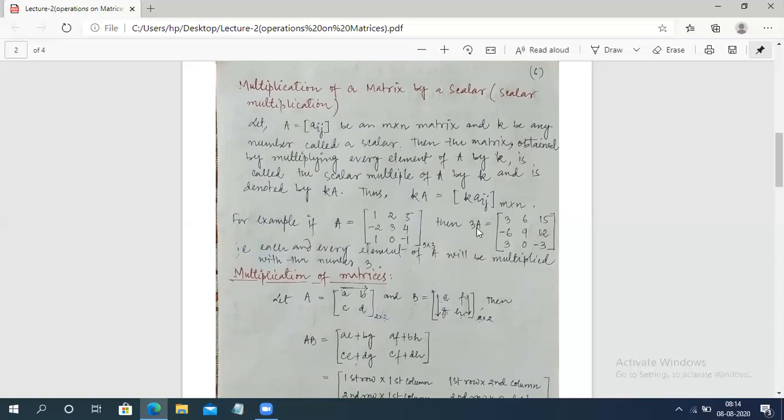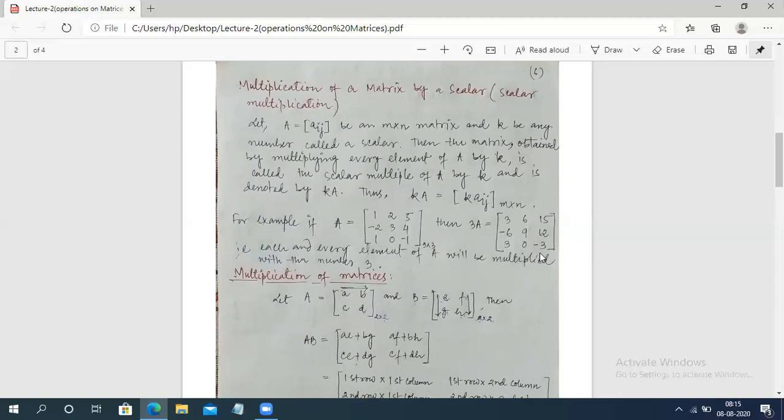Then 3A will be 1 into 3, 3, 2 into 3, 6, 5 into 3, 15, minus 2 into 3, minus 6, 3 into 3, 9, 4 into 3, 12, and similarly 1 into 3, 3, 0 into 3, 0, minus 1 into 3, minus 3.